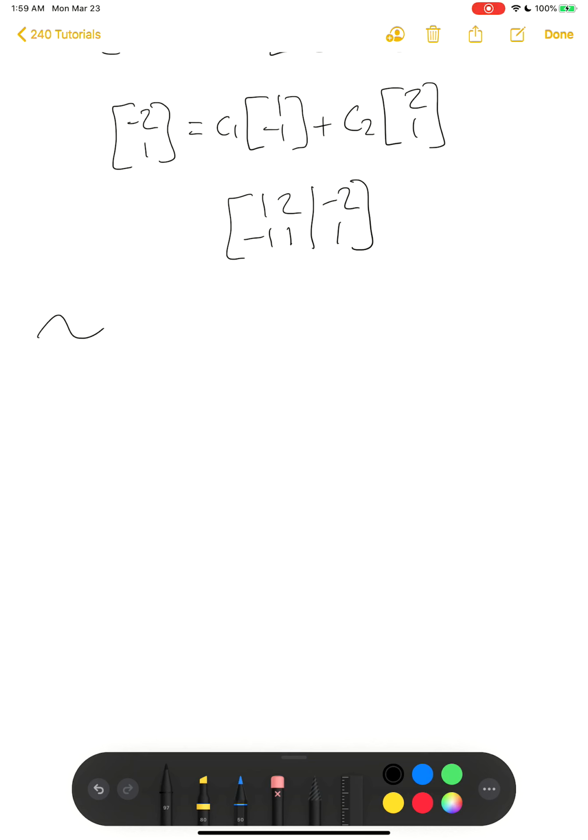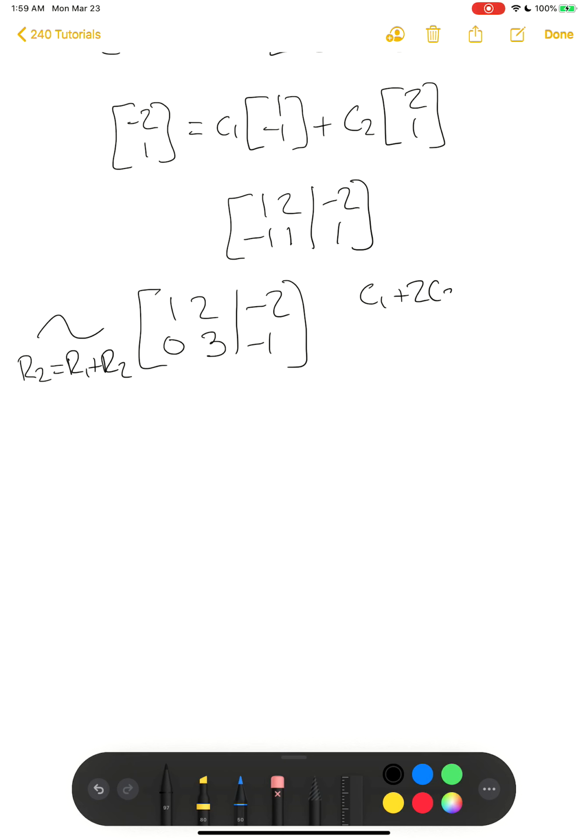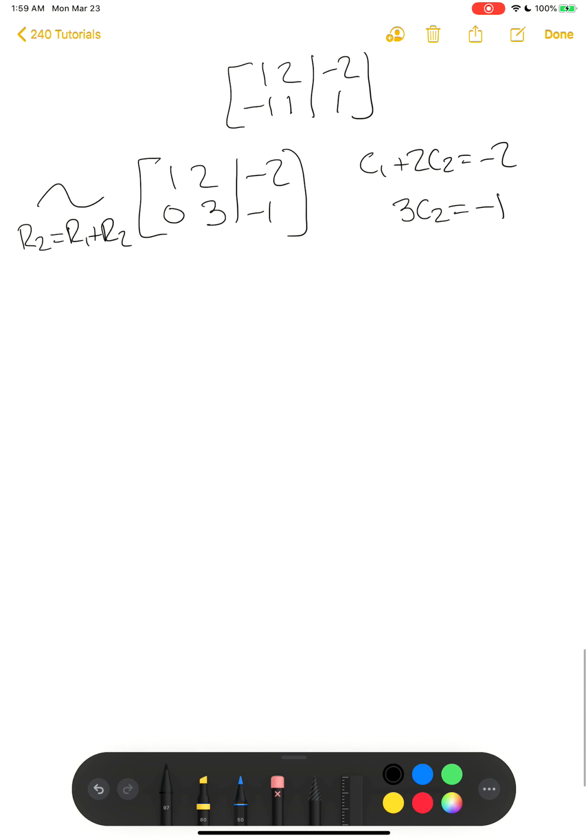You can solve the system of equations the same way. Row 2 is row 1 plus row 2. Top row remains the same. You get 0, 3, and negative 1. So my system of equations now reads C1 plus 2C2 is negative 2, and 3C2 is negative 1. Okay, so C2 is negative 1/3, and C1 is negative 2 plus 2/3, which is minus 4/3, I think.